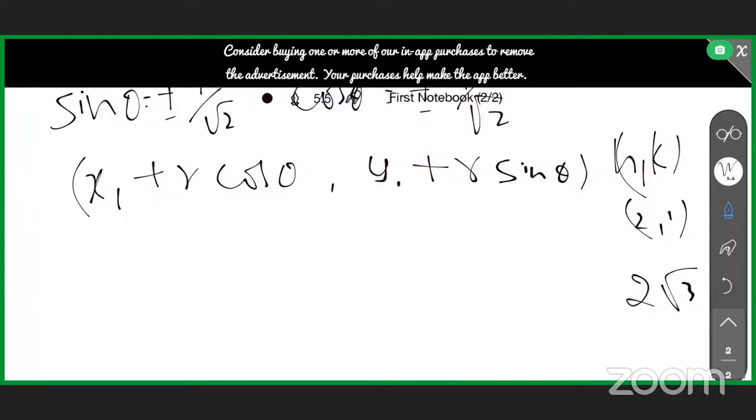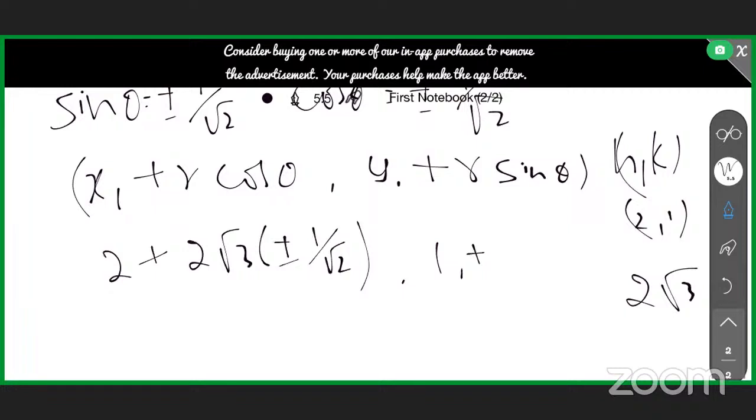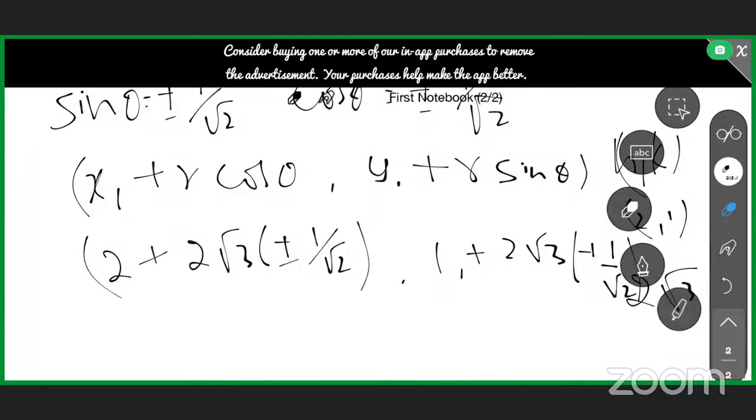So I apply that to the equation: 2 plus 2 root 3 into plus or minus 1 by root 2 comma 1 plus 2 root 3 into plus or minus 1 by root 2. So this one we have to simplify now.